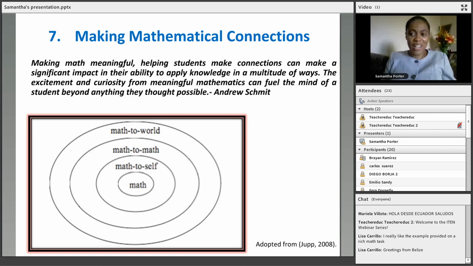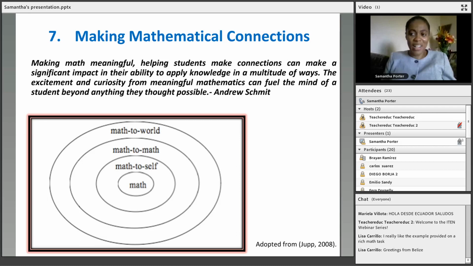Students would consider the bigger ideas in the mathematics and see how mathematics relates to other subject areas such as science, English, social studies, IT. So that's the maths to world connection. There is also maths to maths connection that must happen in the classroom via communication.